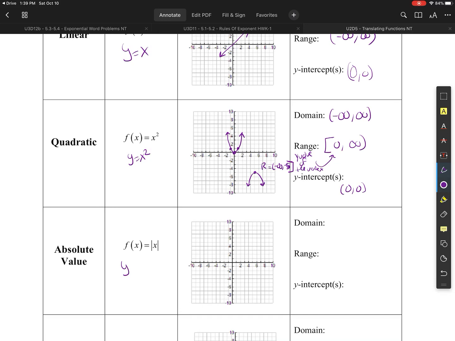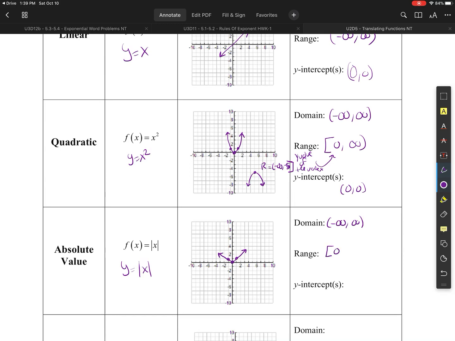All right. Y equals the absolute value of x. Got it at (0, 0). Up 1 over 1, up 1 over 1. I got my V shape. Domain and range is very similar to a quadratic. My domain is always all reals, and my range is always either the vertex y value up or the vertex y value down.